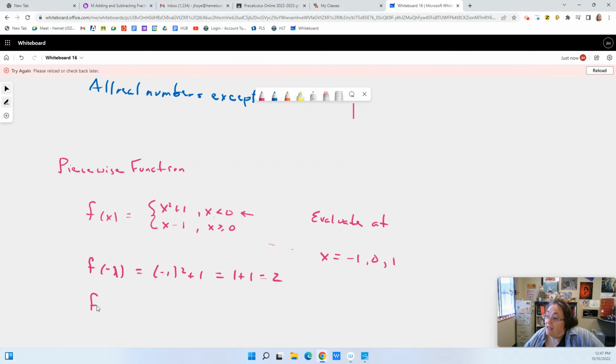At f of 0, here it says if x is greater than or equal to 0, I use x minus 1. So we have 0 minus 1, which gives us -1.